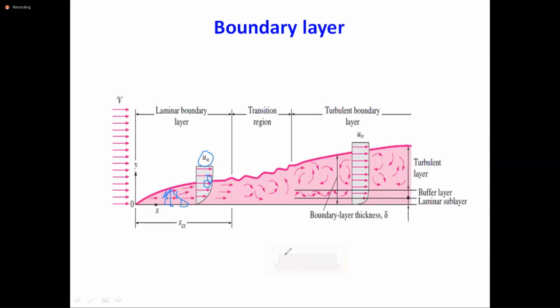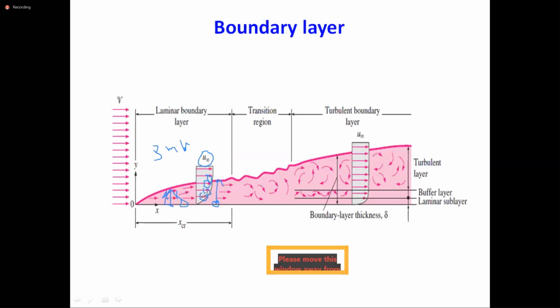I repeat again, it is the distance away from this solid surface. Let us say the free stream velocity is 3 meters per second. But these fluid particles' velocity is less than this.